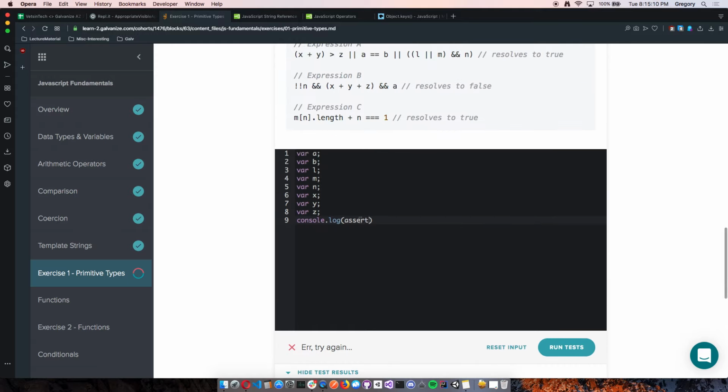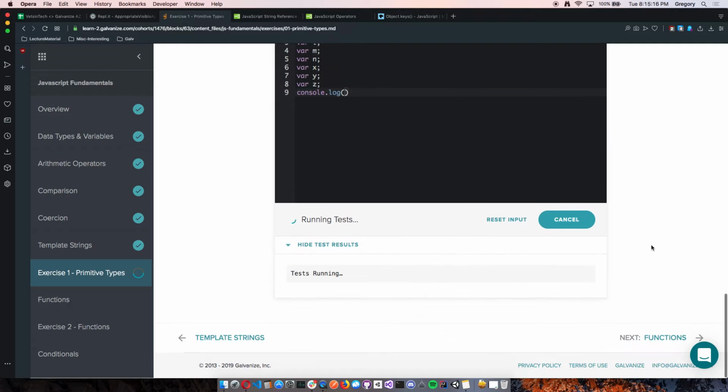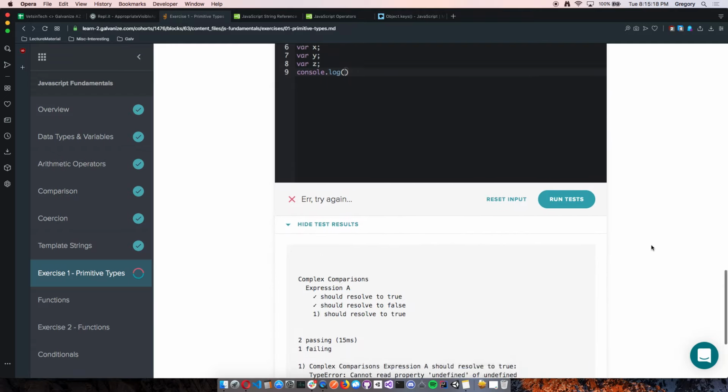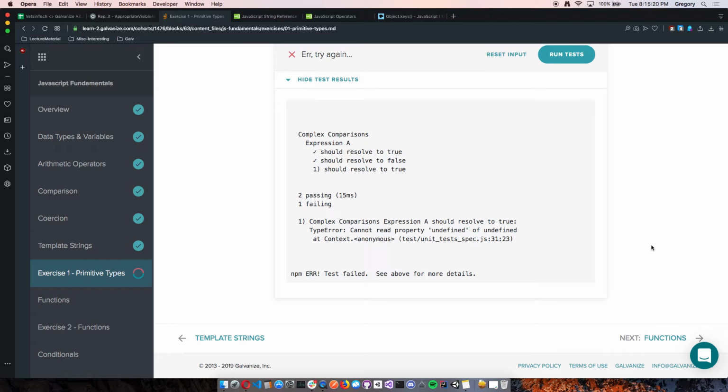What is it? There's a way where sometimes you can cheese the tests and have it show what it's running through. Should resolve to true.